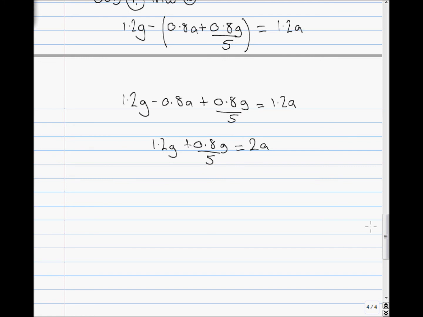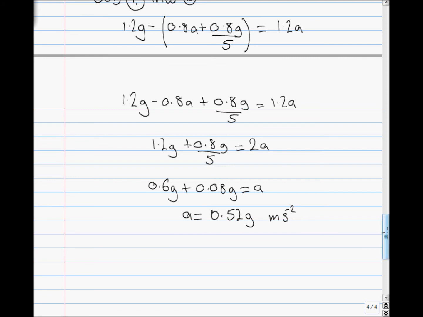Then I'm going to divide through by 2. So I've got 0.6 G plus, well, that's going to be 0.8 over 10, so 0.08 G equals A. So A is going to equal 0.6 take away 0.08, that's 0.52 G meters per second squared.